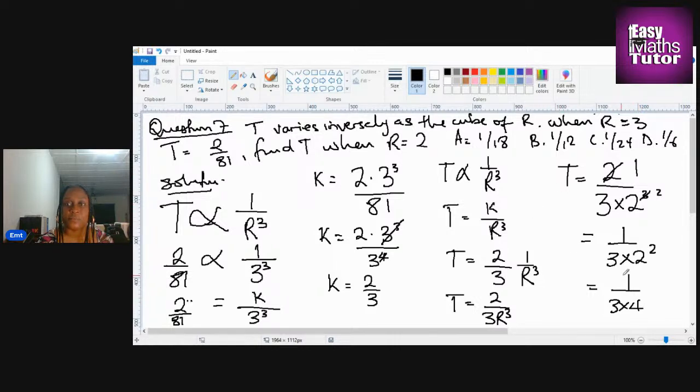Therefore, T is equal to 1 over 12, which is B. And there we have it.